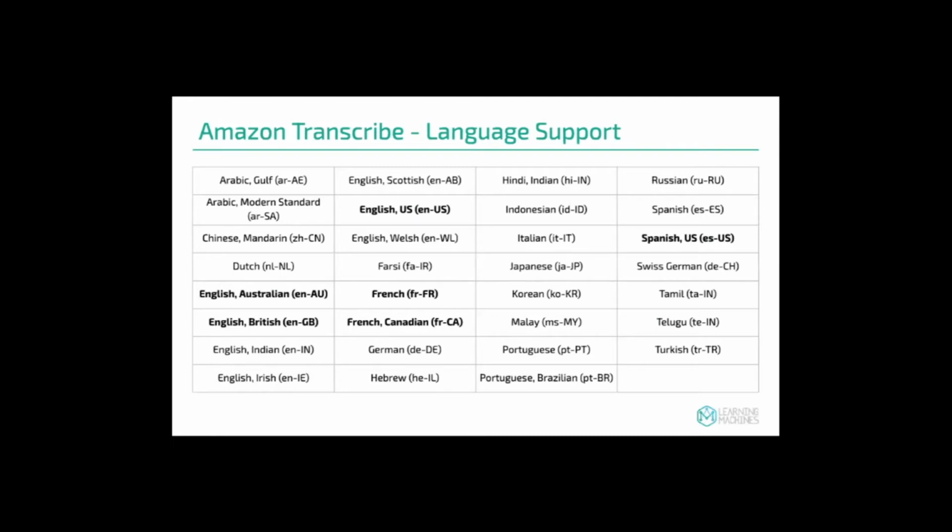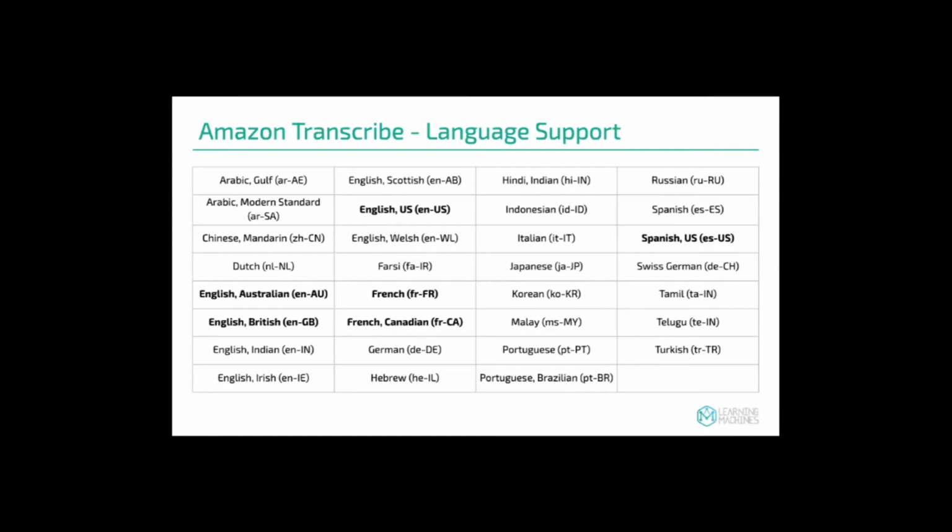At the moment, as of July 2020, Amazon Transcribe supports 31 different languages. At this stage, unfortunately, there's not much support for African languages. You will see the languages there are very much international languages: English, Spanish, French, and some of the other main languages in the world. Many of them include various variants.